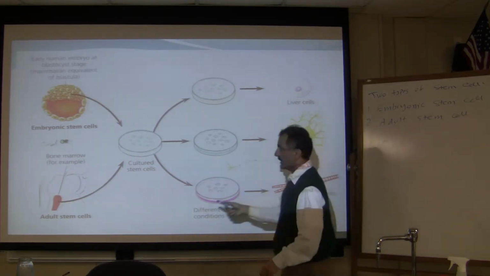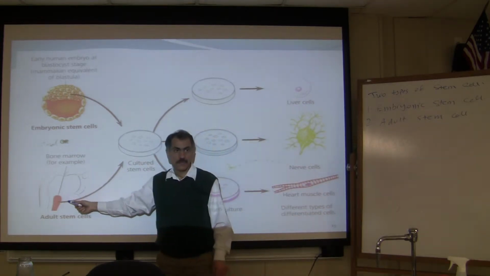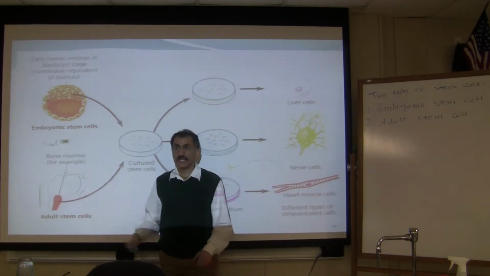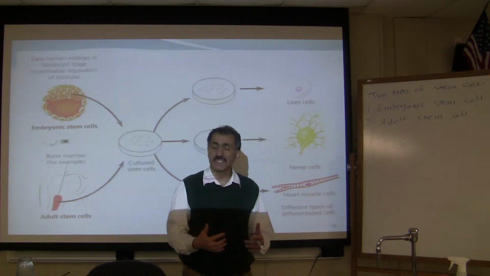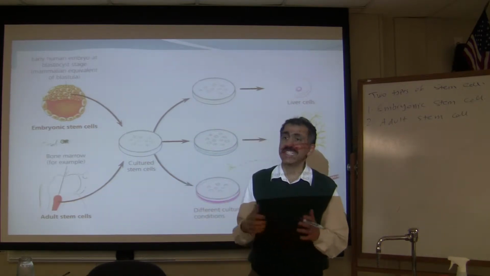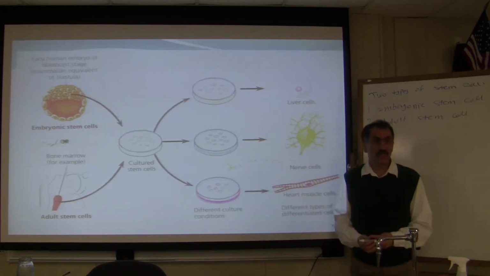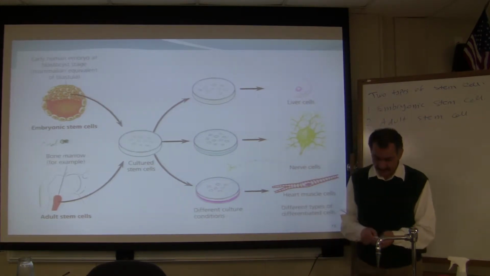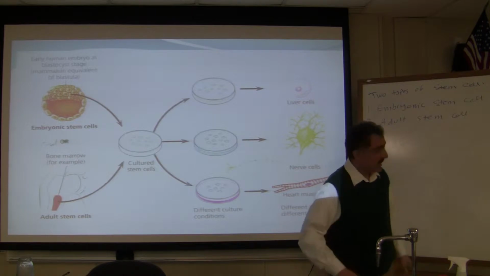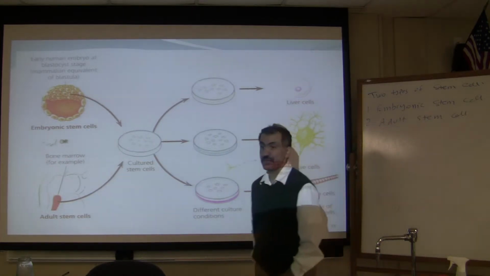I did talk about adult stem cell. The one where they take your bone marrow or your liver cells or your fat cells or skin cells and they grow them into different types of cells. That's called adult stem cells. And the second one is called embryonic stem cell.